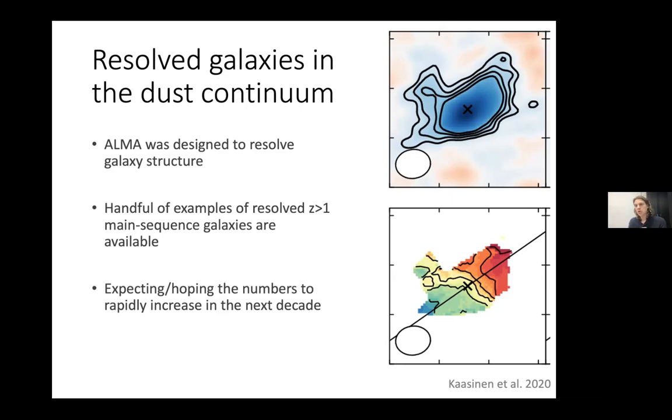You can see some nice structure indicated, for instance, of rotation going on in these galaxies. But what we're hoping is that in the next couple of years, the number of these observations where we are resolving galaxies at high redshift, where we can precisely, even much better than in this particular example, tell this is where the dust and gas is located, this is where dust obscured star formation is happening. That's really an avenue that ALMA should pursue in the next couple of years.